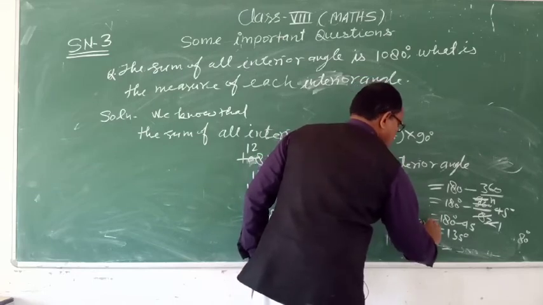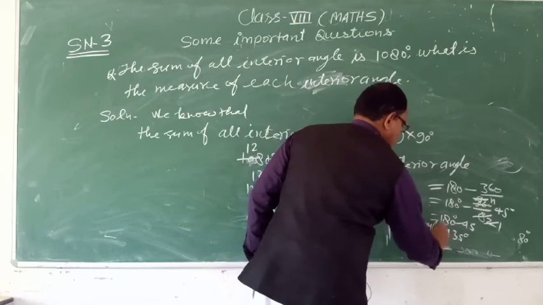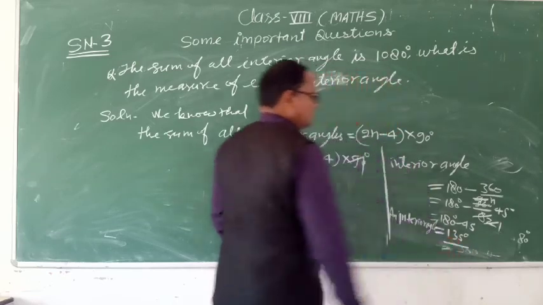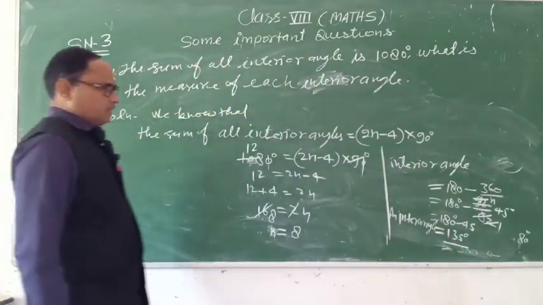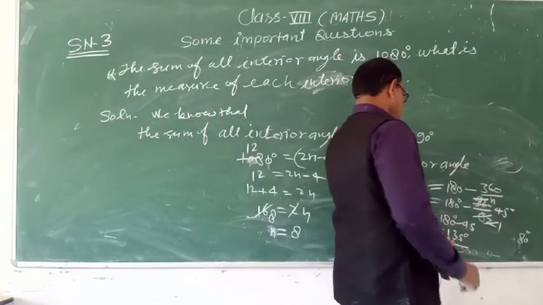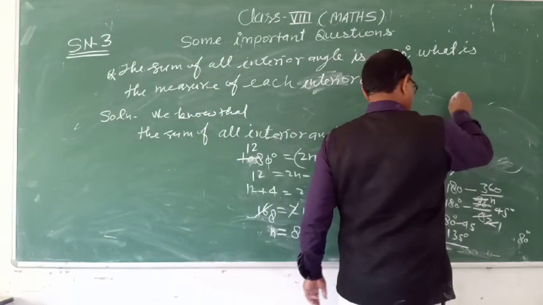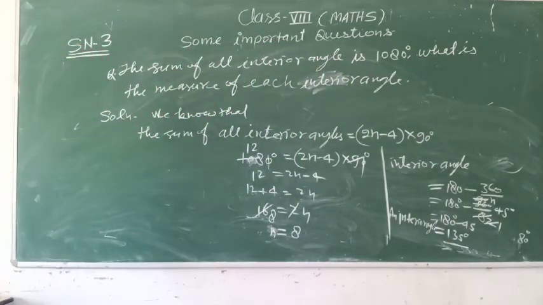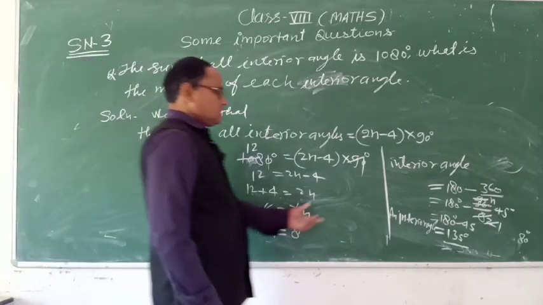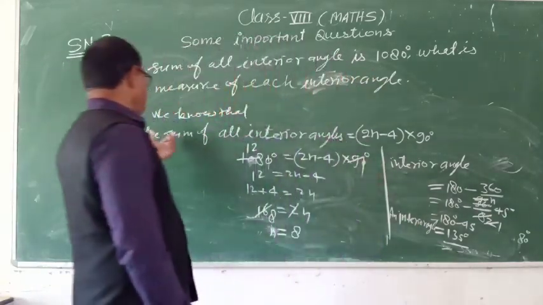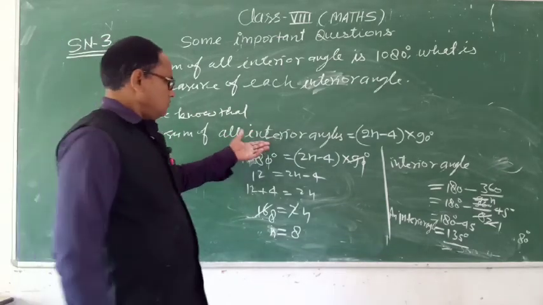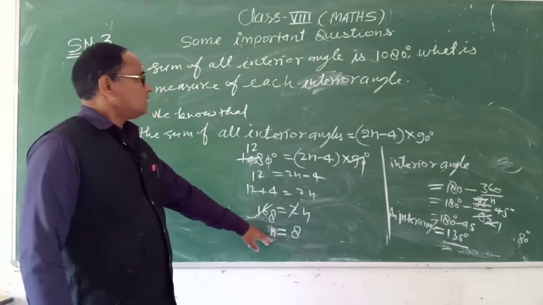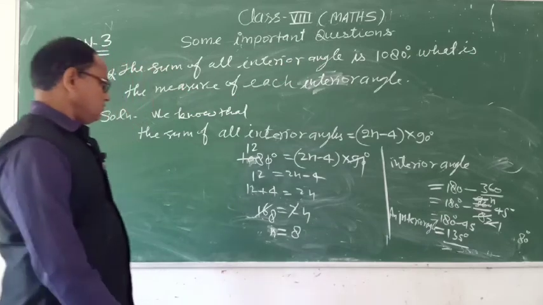Interior angle is equal to 135 degrees. Okay, then you can multiply to get the sum of all interior angles. By this method you can determine the interior angles of a polygon, and you can also determine the sides of the polygon when angles are given.